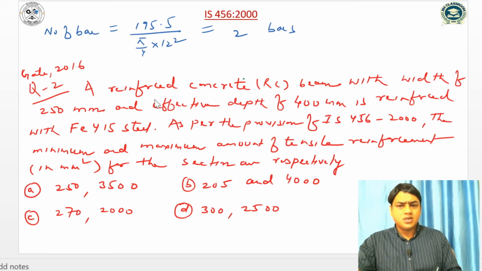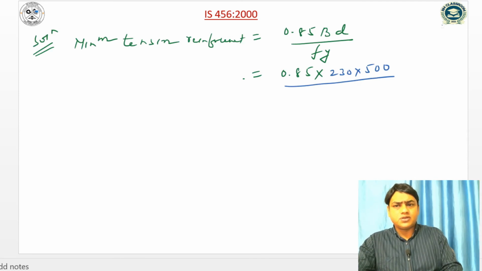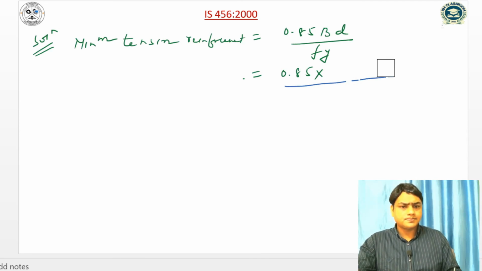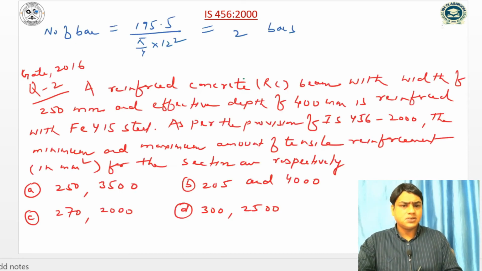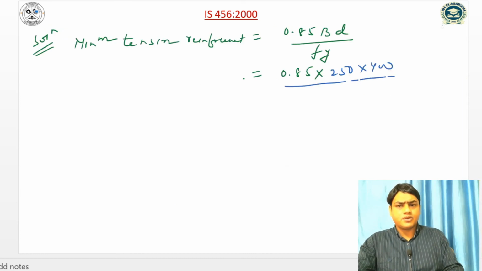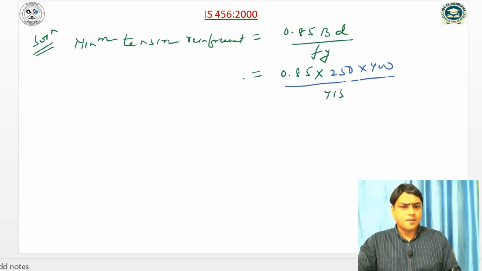I'm sorry, for this question the width is 250 mm, so width is 250 into effective depth 400 mm, and the grade of steel is Fe415, so 415 Newton per mm square.